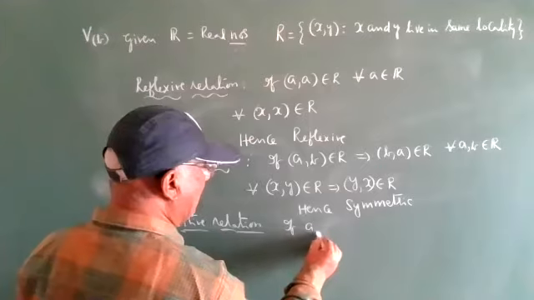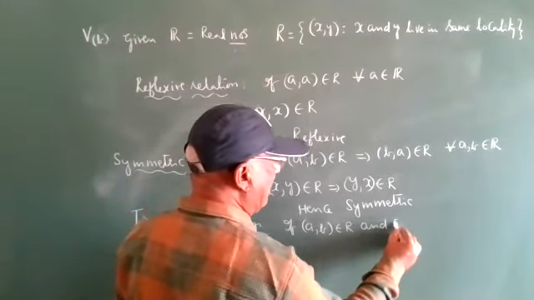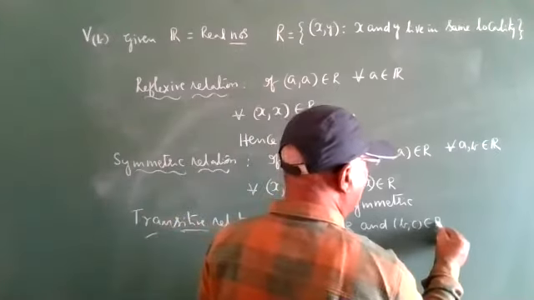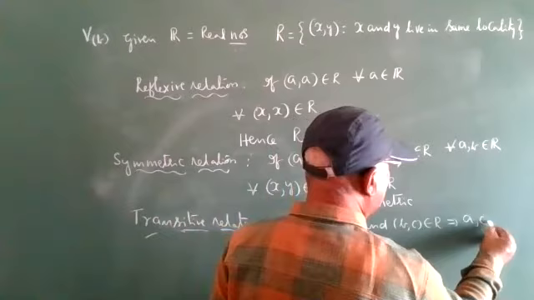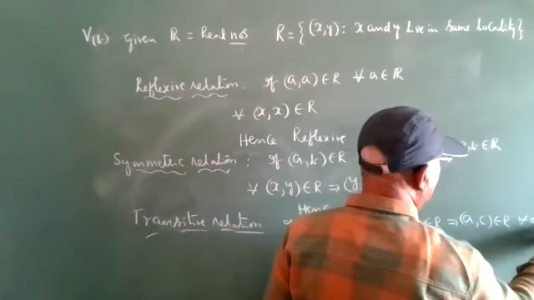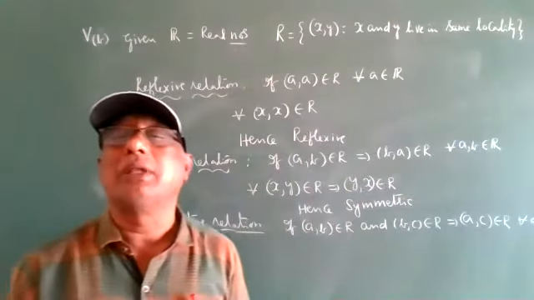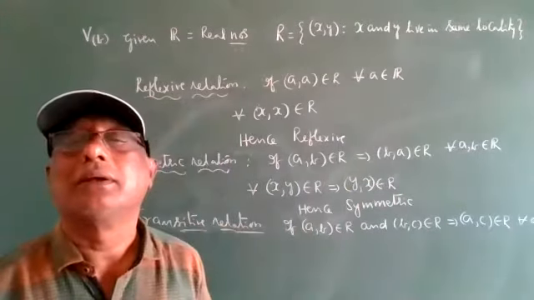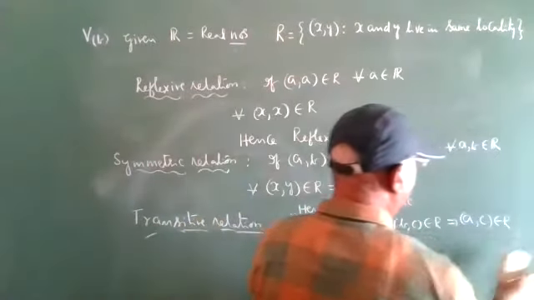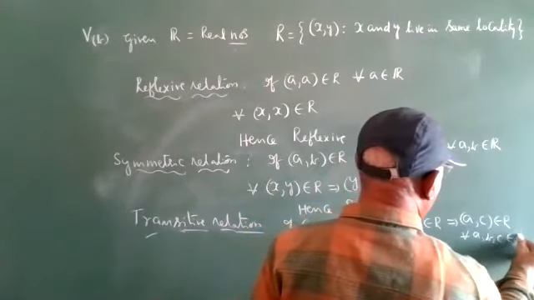If (a, b) belongs to R and (b, c) belongs to R, with the second element b repeated, that implies the first and last, (a, c), belongs to R, for all a, b, c belonging to the real numbers.